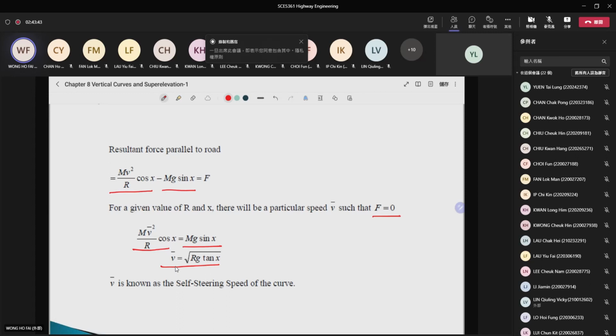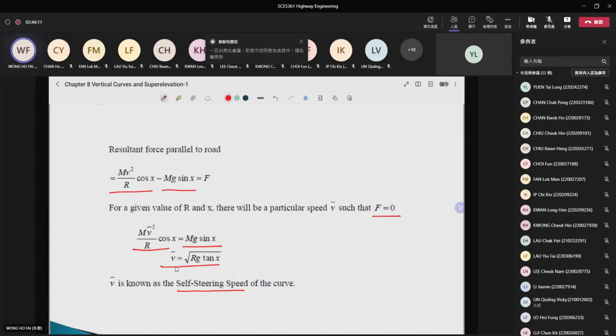So that means under this speed, actually they can self-balance. There's no friction between the tire and the road. That means if you have this so-called super elevation, and you travel with a V-bar, that means the self-steering speed, then your vehicle can turn around the curve without difficulty.